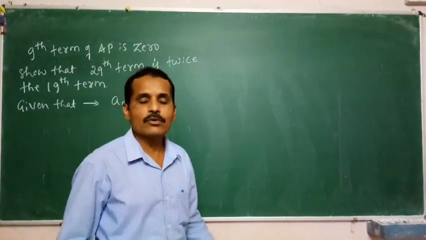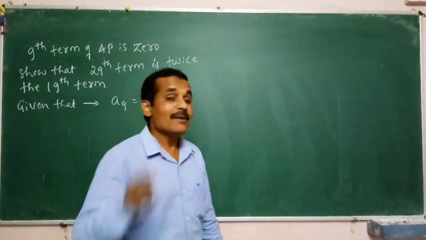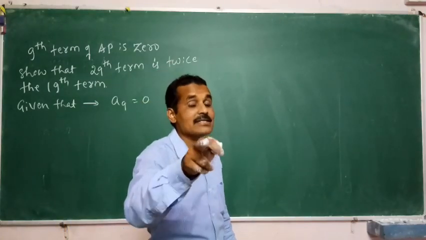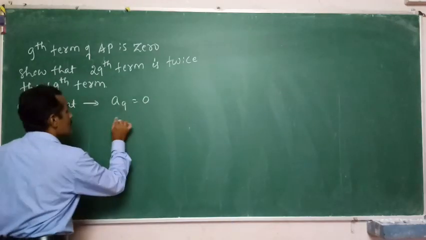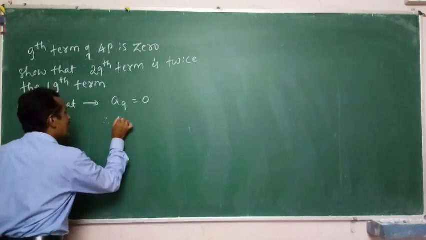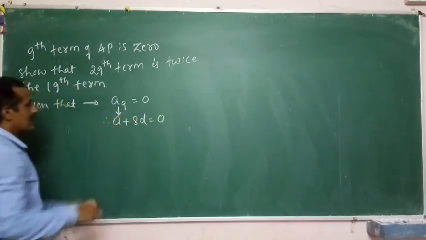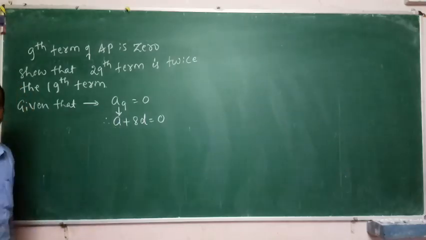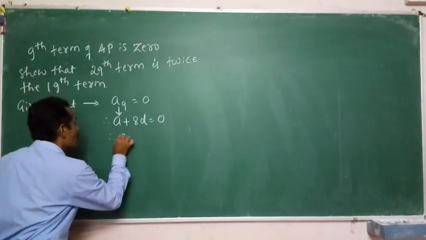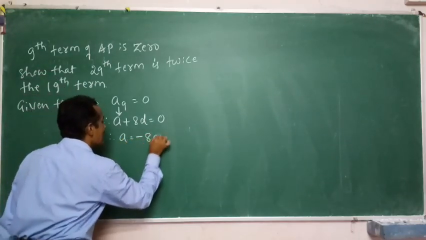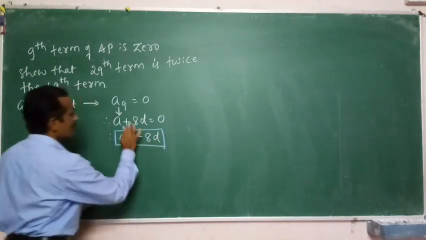Definitely you can say A9 is equal to A plus 8D, because AP is not given. You don't know what is A, what is D, but you can still say A9 is equal to A plus 8D. Therefore, A plus 8D is equal to 0, because you know that A9 is equal to A plus 8D. With this I can generate a new equation. Therefore, A is equal to minus 8D. This is one new relation I have generated.